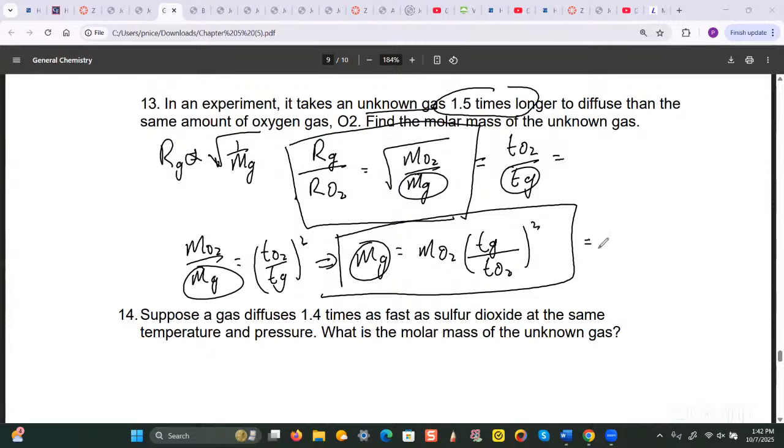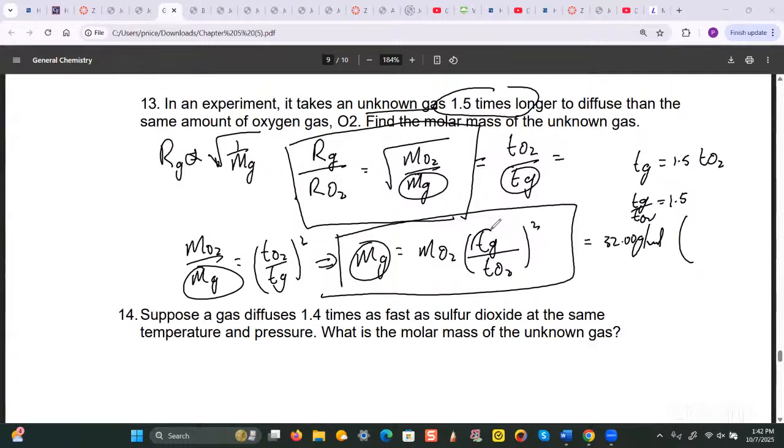So all we have to do is plug the numbers in. For the molar mass of oxygen, that would be 32.00 grams per mole. And then I have to multiply by Tg over TO2. But guess what? The question says that the time of effusion of the gas is 1.5 multiplied by the time of effusion of oxygen, which means that the time of effusion of the gas divided by TO2 will be equal to 1.5.